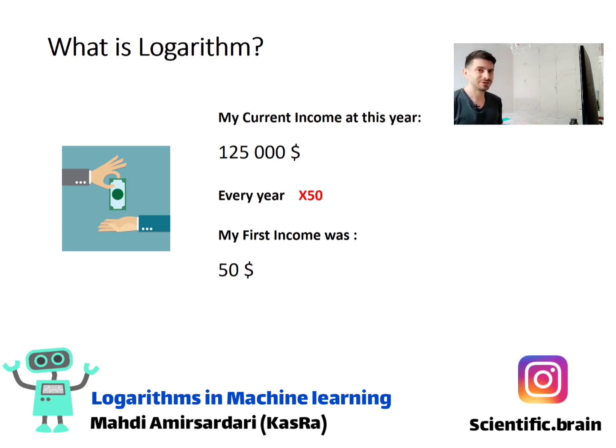Please note that these numbers are only for instance. My first income at the company was $50, and now this year my income is $125,000. Each year, my company will multiply my previous income by 50.